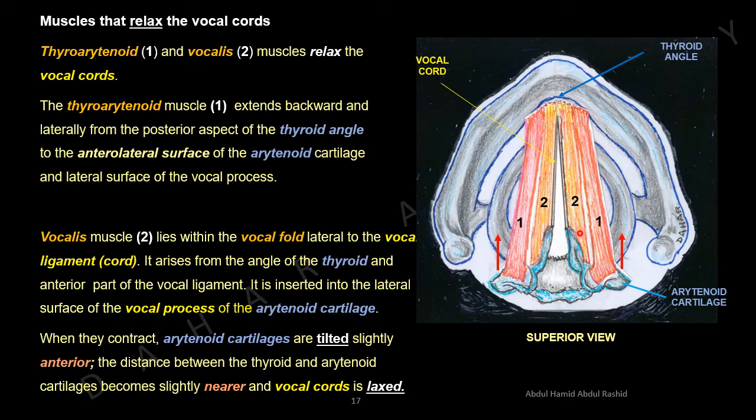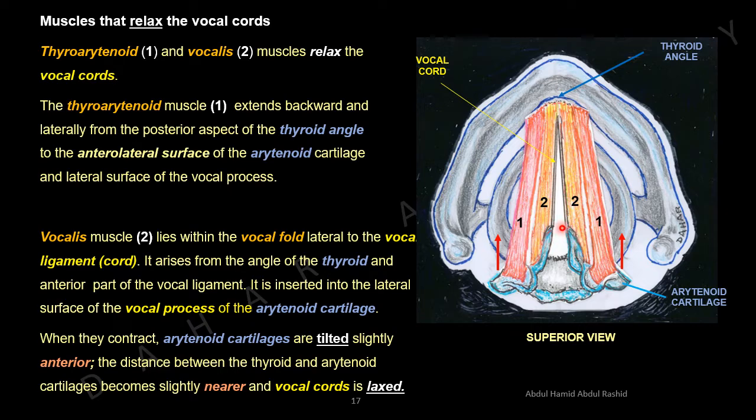If you see very carefully, coming from the angle of the thyroid cartilage anteriorly, and also a little bit from the vocal ligament. It is inserted into the lateral surface of the vocal process of the arytenoid cartilage. See here, this is the anterior process, the vocal process of the arytenoid cartilage. This muscle is attached to the lateral surface of the vocal process here.